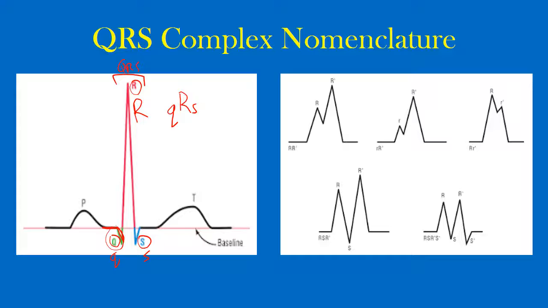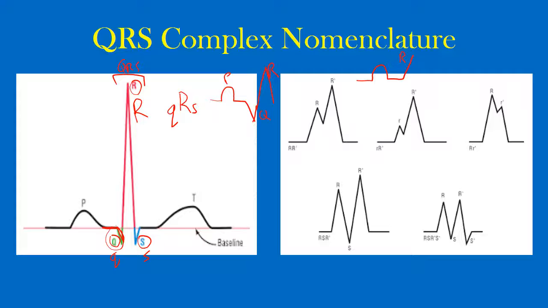So imagine we have a P wave. The first deflection that goes down, if it goes down negative, is considered a Q wave. And then the first positive deflection after the P wave is an R wave. However, in this image on the right, we have imagined a P wave, and then each one is deflected up. So these are considered R waves.